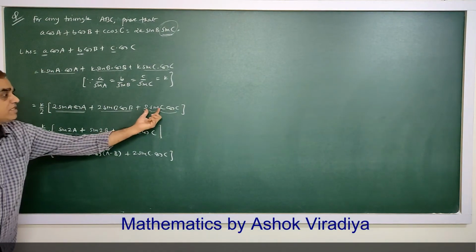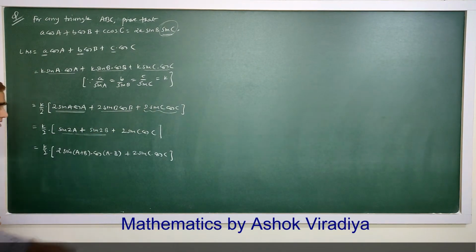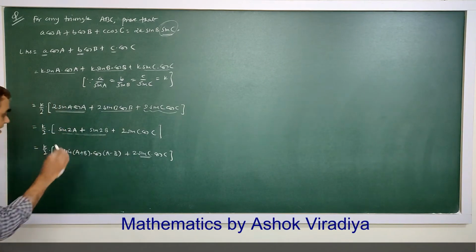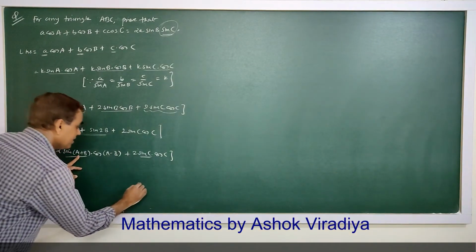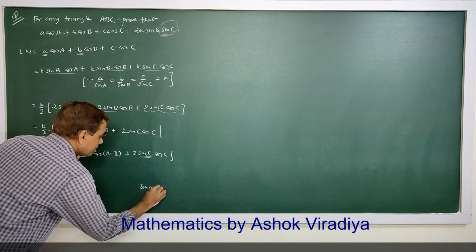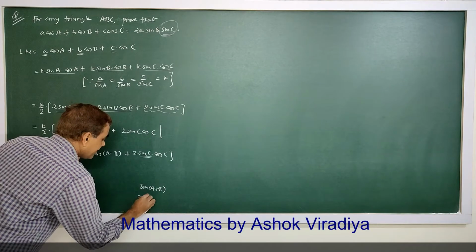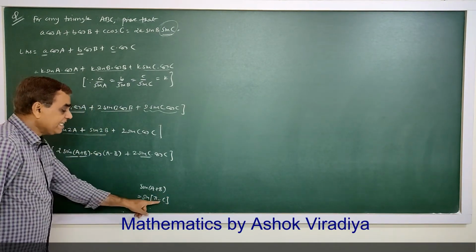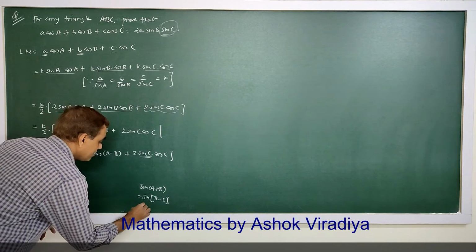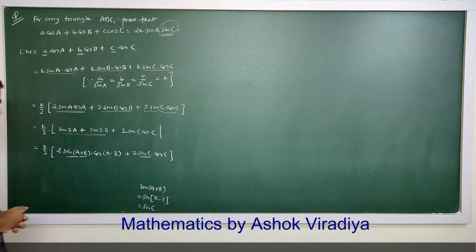That's why we kept this last term as it is. Here it is sin C, and see here sin C is visible. Sine of A plus B is sine of pi minus C, or we can say 180 minus C, so it is sin C. So I replace this by sin C.